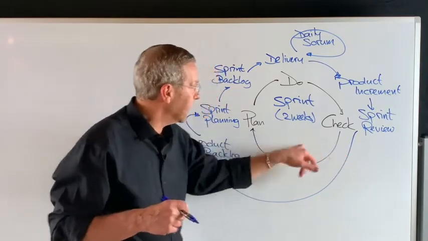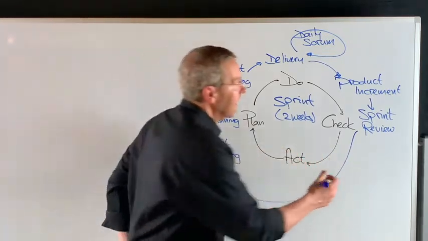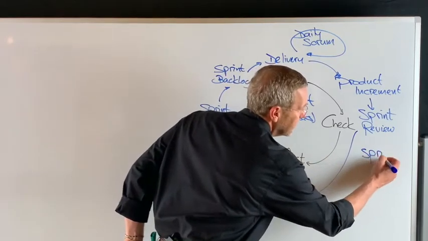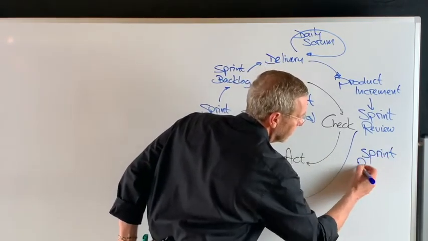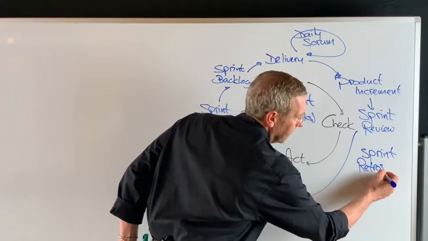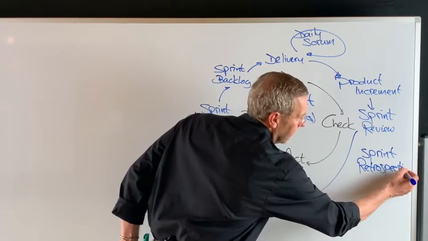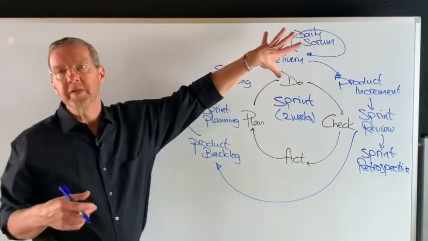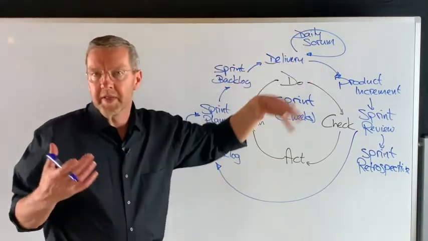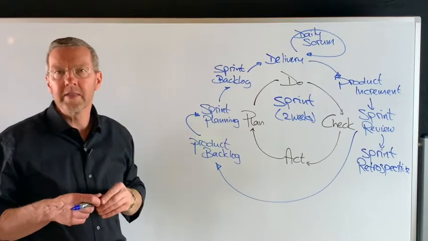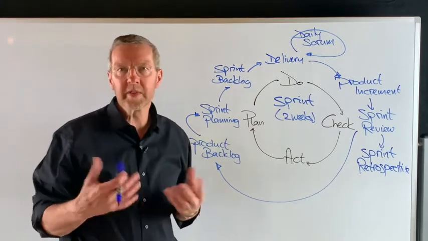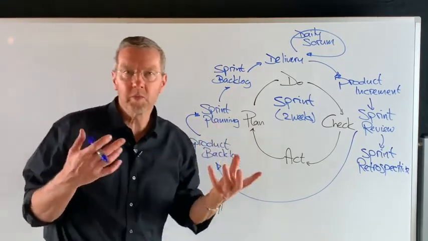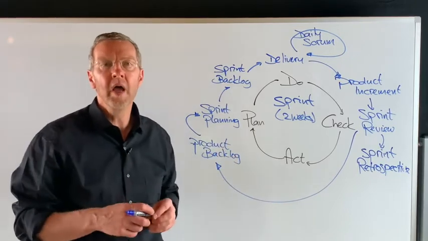The second check and act meeting is the Sprint Retrospective. This is where essentially that delivery team, with all the people in it, sits down and says, so what happened? What can we learn? What went well? What could be up for improvement?